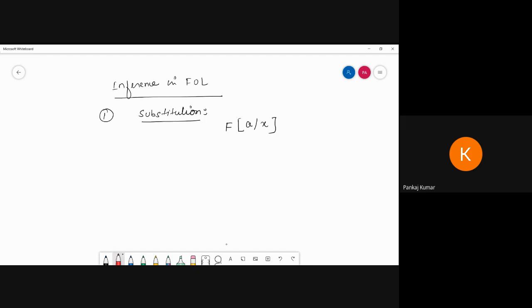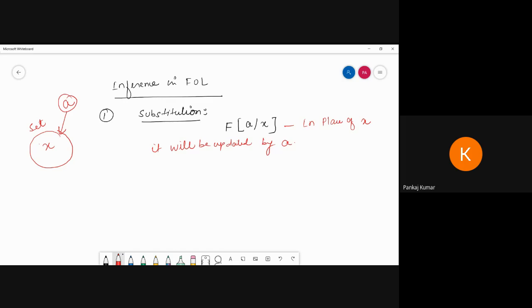That means in place of x, it will be updated by A. Where x is present, we can represent it as A, where A is a constant term. Now suppose x represents some set, then A also represents that set. That is the meaning.